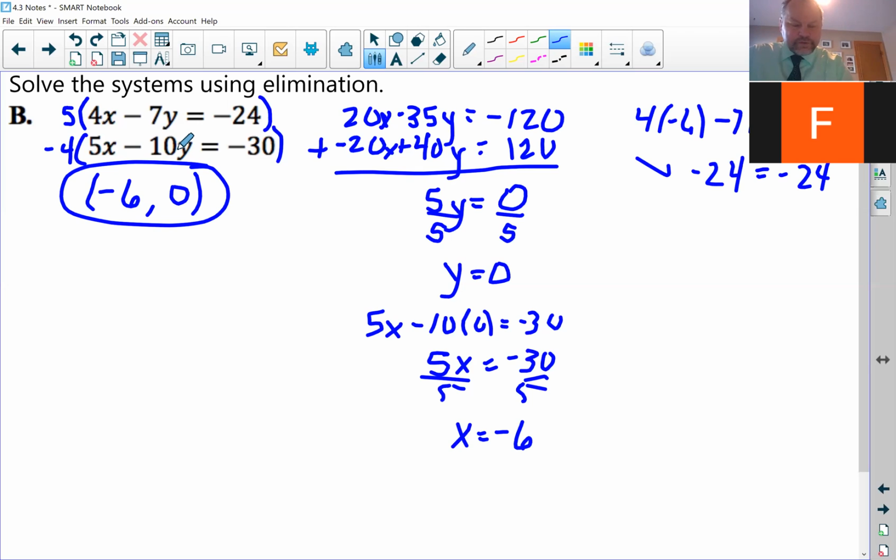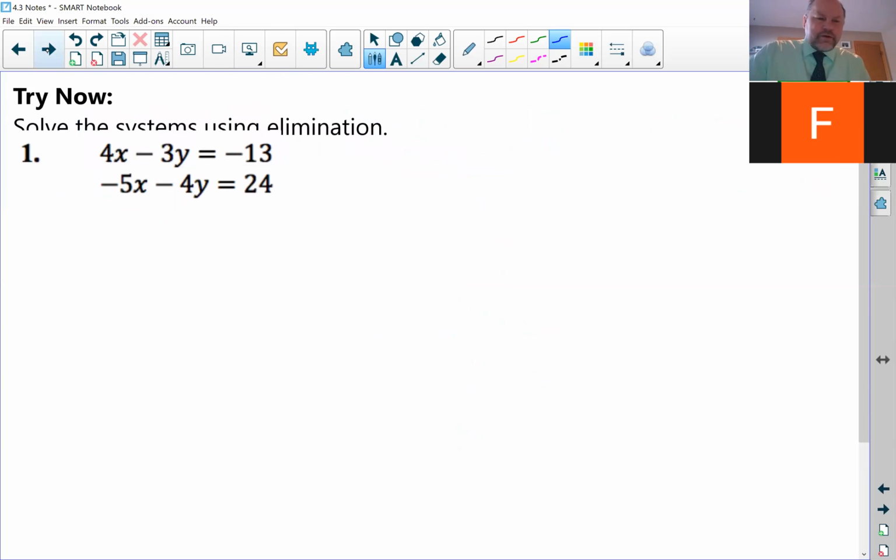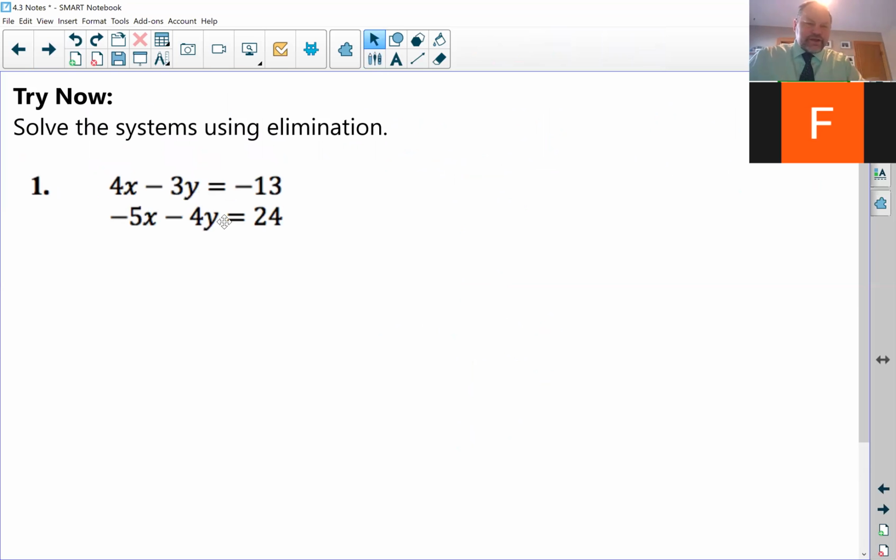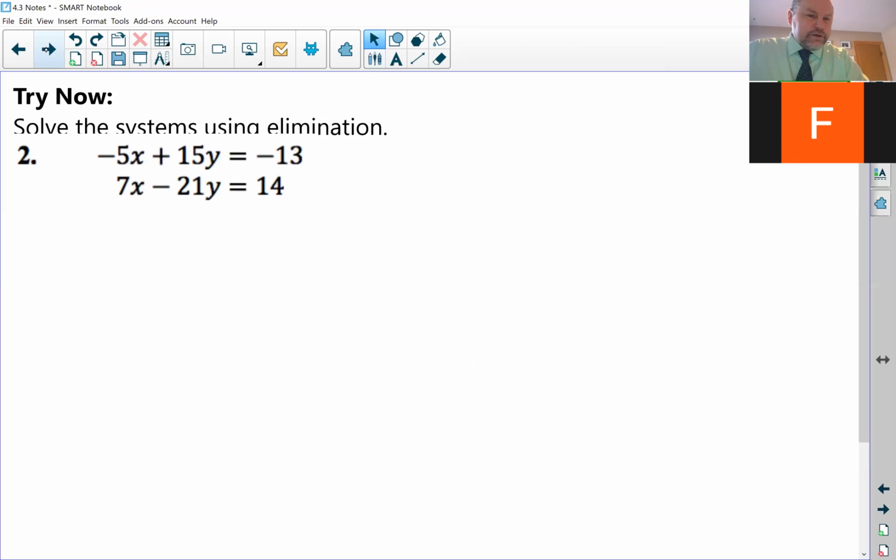So again, there are a couple of try nows. What I'm actually going to do is go to the next page and copy that one over here, so I can leave it on one page with a nice big font.